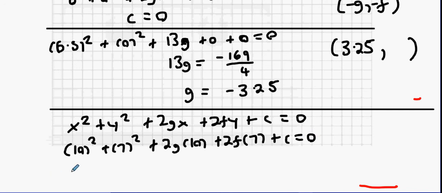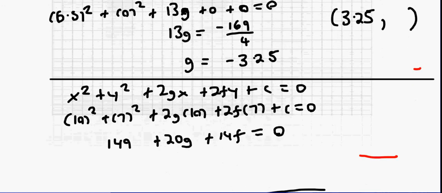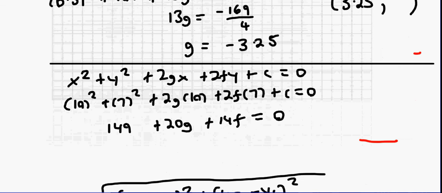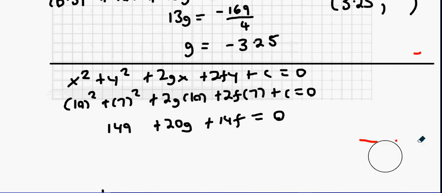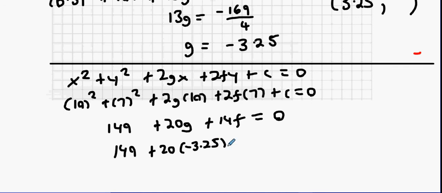So we're going to get 149 over here. We're going to get 20g, 14f, the c value is 0, and look, we can then use the g value of minus 3.25. So we're going to get 149 plus 20 times minus 3.25 plus 14f equals 0.